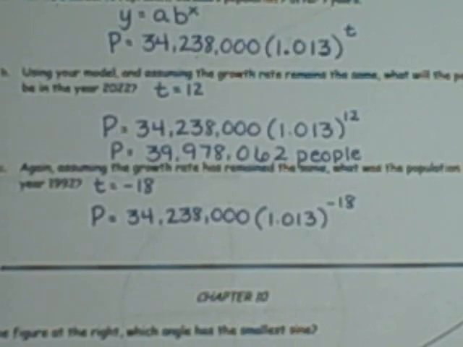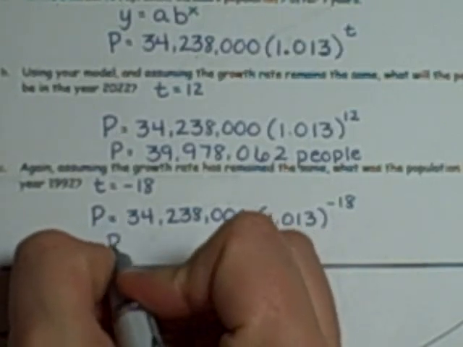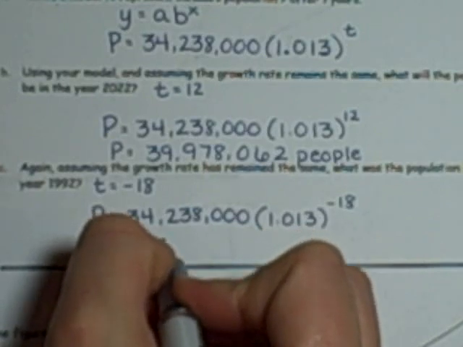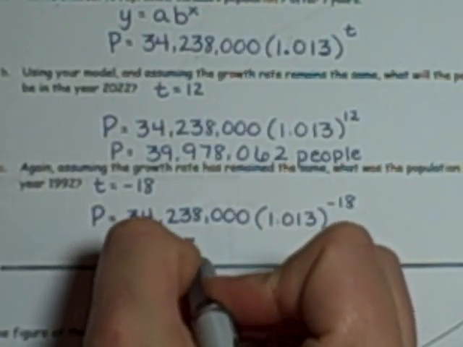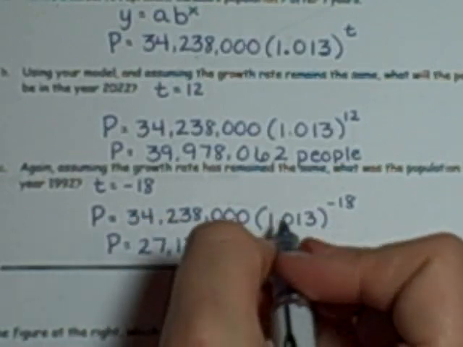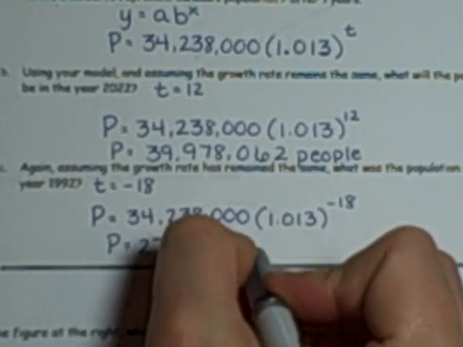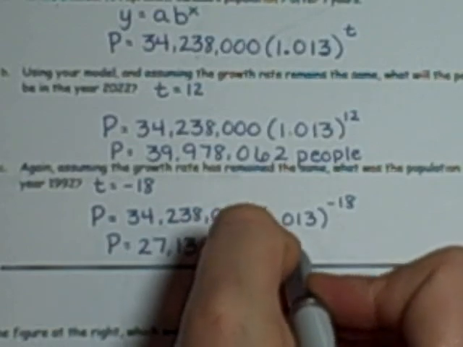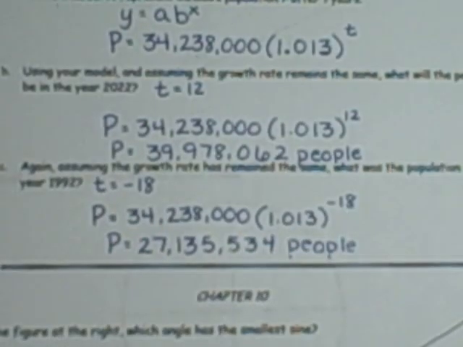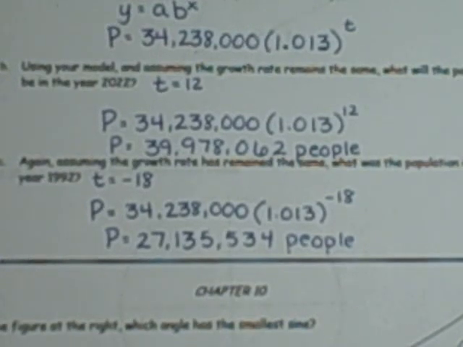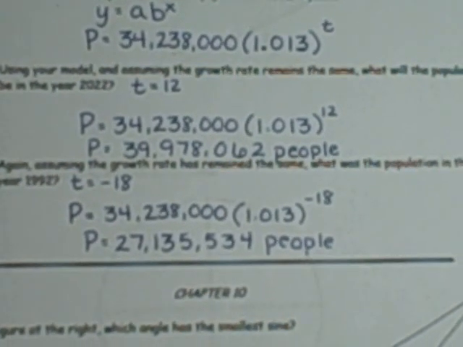Okay, and I end up with 27,135,534. And again, I would say that looks like a pretty reasonable number compared to the other numbers I've gotten in this problem. So again, a good way to kind of check yourself and make sure you're getting the right answer. And again, make sure you don't leave decimals on there because this is people. We don't have parts of people.